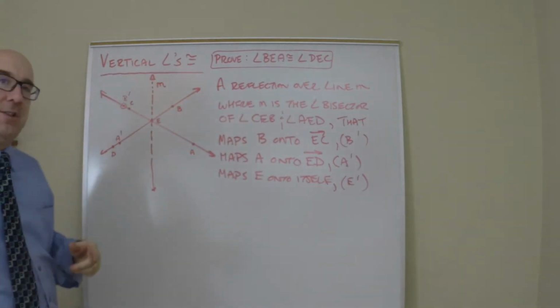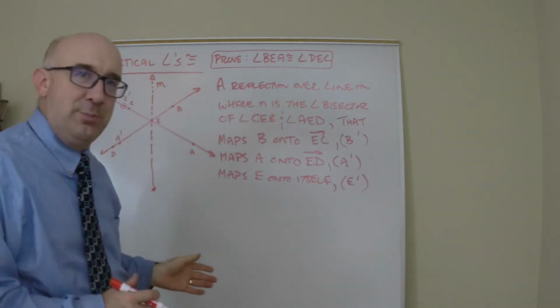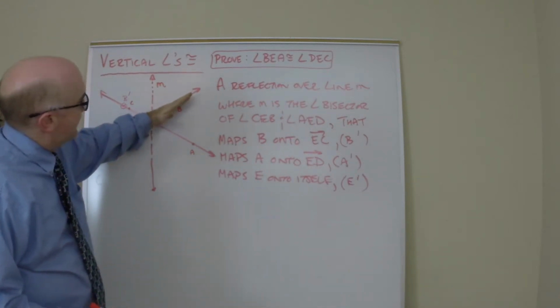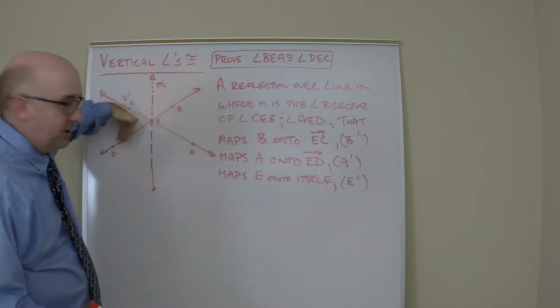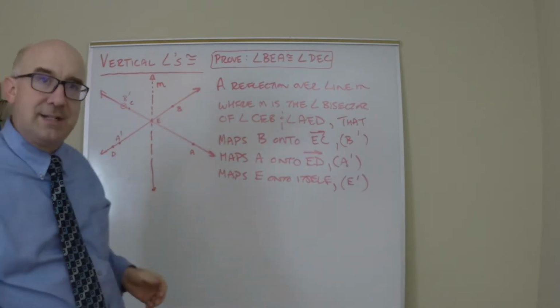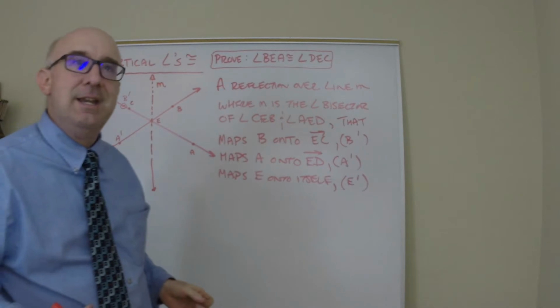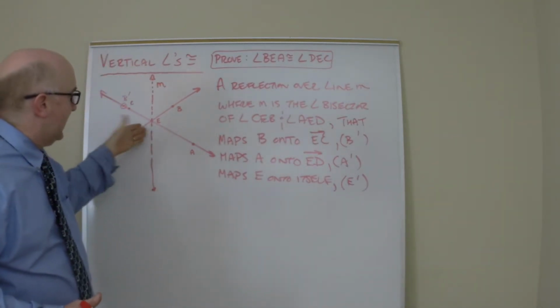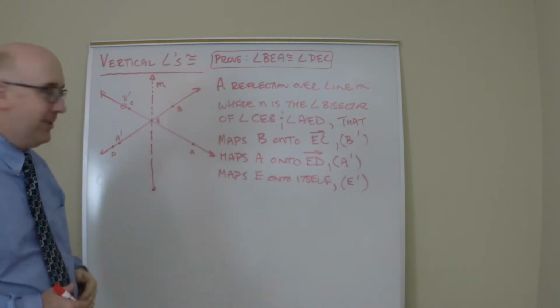Now if you watch the other video, this is almost an identical proof. The angle bisector here would map this ray onto this one. That's what it means to bisect an angle, is to cut it exactly in half down the middle. Therefore, a reflection would map these onto each other.